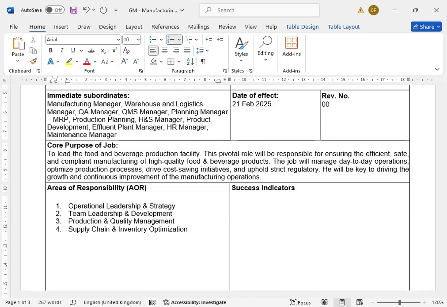Then another is the cost. This is really important because this is one of the critical resources of the company. If the role is not managing the cost efficiently or effectively, then the company will be in a dire situation.